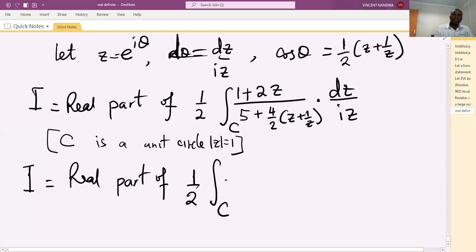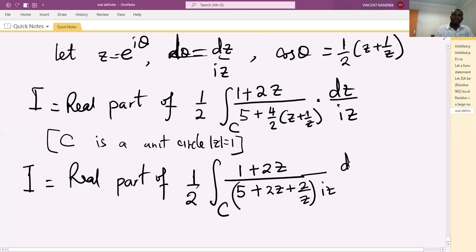So we'll have 1 plus 2z, now this is the same as 5 plus, I multiply this one by 2, so we'll have 2z plus 2 over z, and then multiply by iz dz.